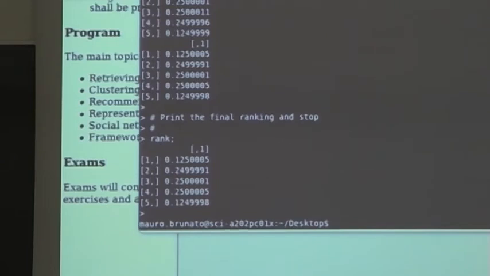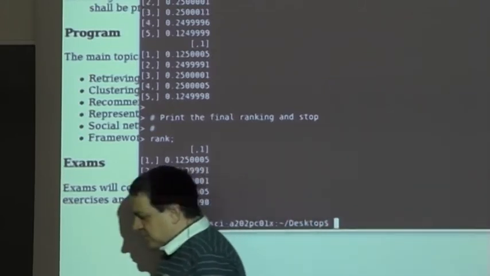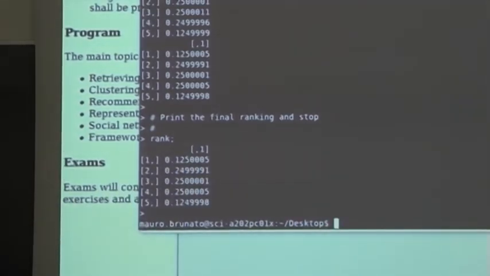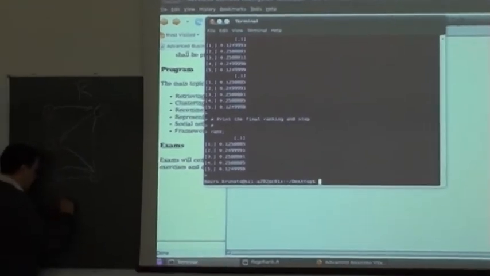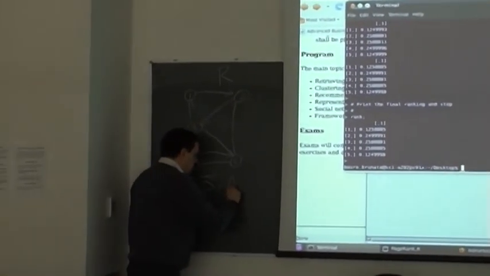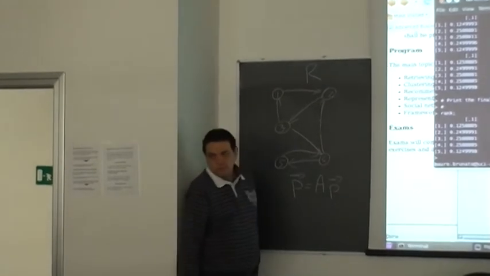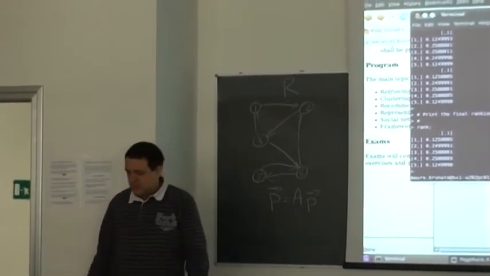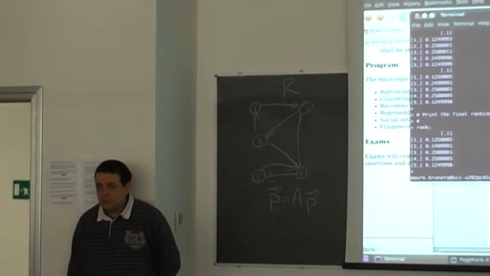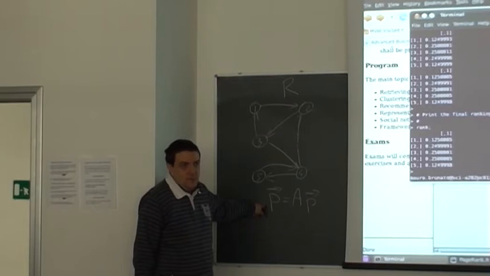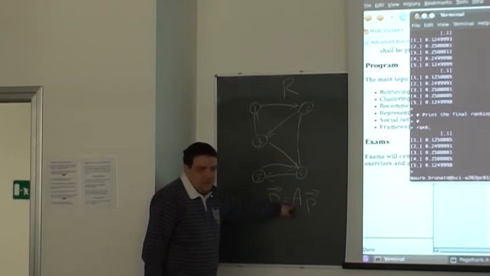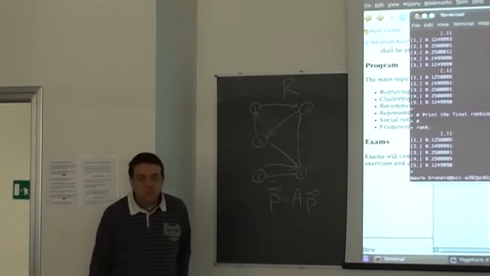But we can also try to solve exactly the PageRank equation. Remember that the PageRank equation is simply P equal to AP. This is an eigenvector equation that asks the system to find the eigenvector of the matrix having eigenvalue equal to 1.